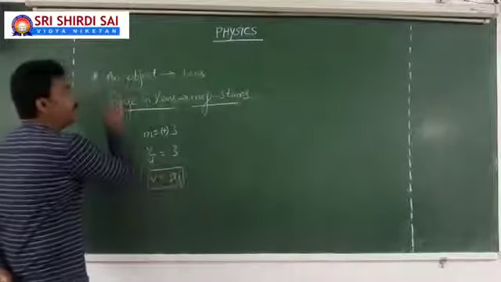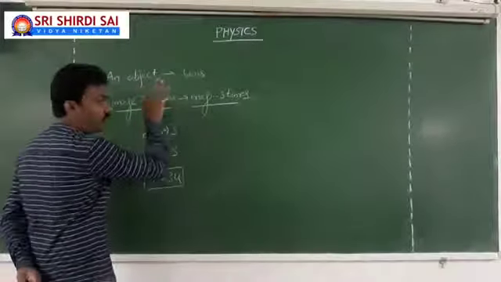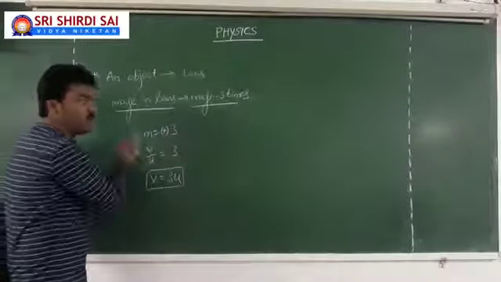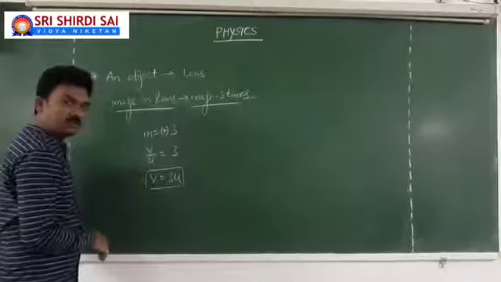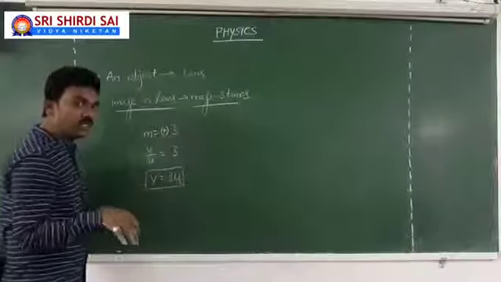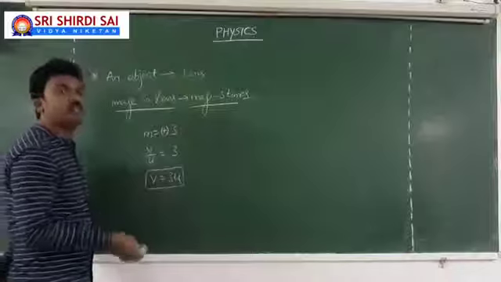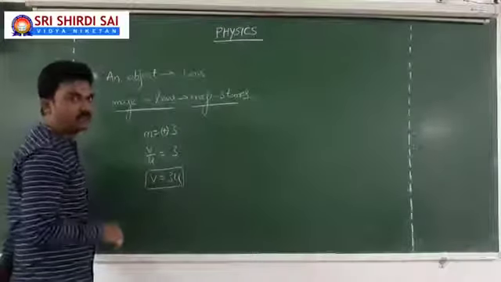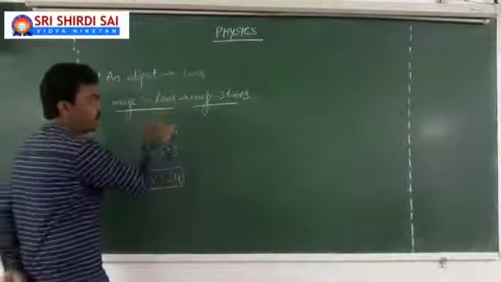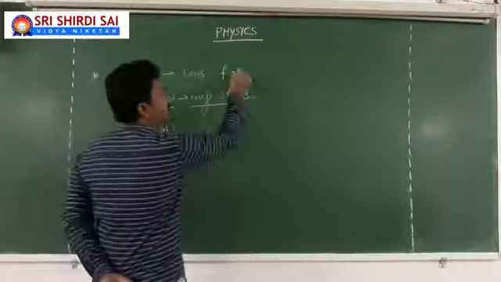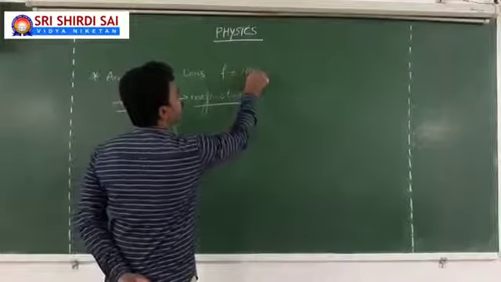First point, I didn't mention here what lens it is. An object is placed in front of a lens. Can you guess now what lens it is? As it is a virtual image magnified 3 times, can you guess what lens it is? It's a convex lens. That will not be mentioned in the data; I should be able to guess it. And along with this data, the focal length is given as 10 centimeters.